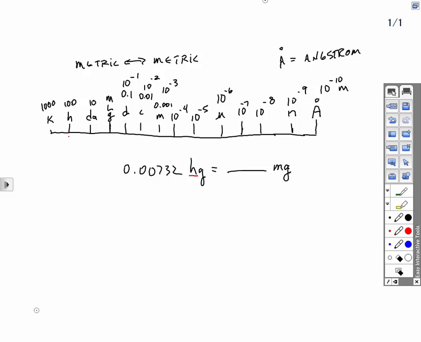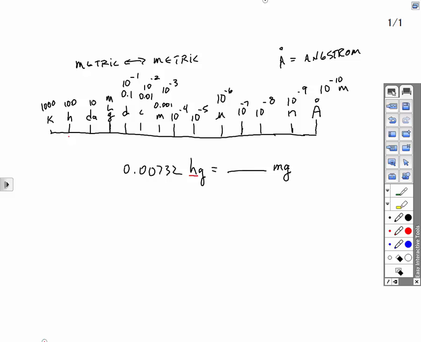Now, where I want to move it is to milli. But I want to count the number of spaces that I move, and I want to make certain I know what direction I'm moving in. Well, if I'm at hecto and I'm moving down to milli, I'm going from left to right. Now, that's incredibly important because if you don't know which direction you're moving, you're going to miss your problem, and you will miss every problem.